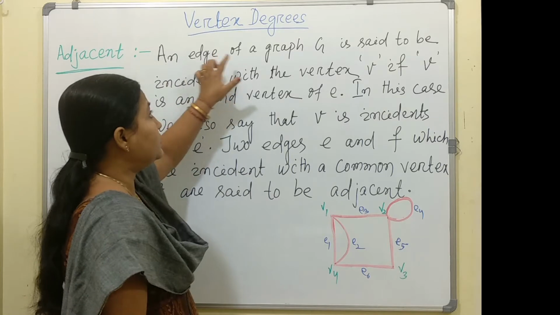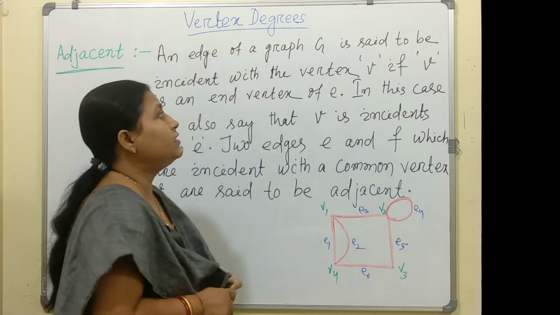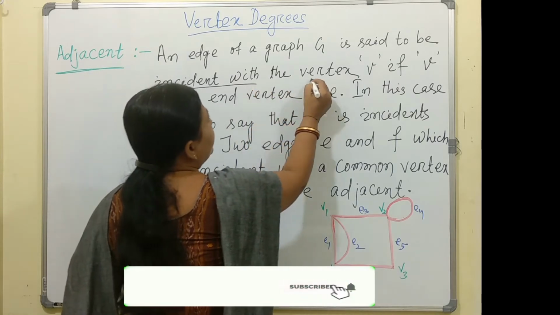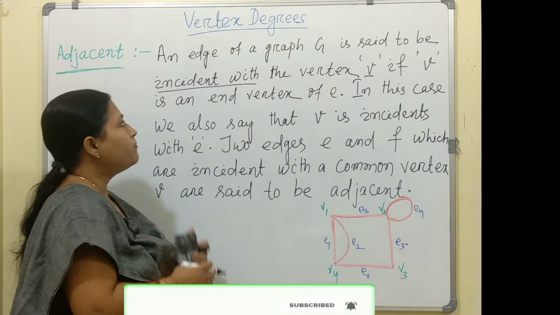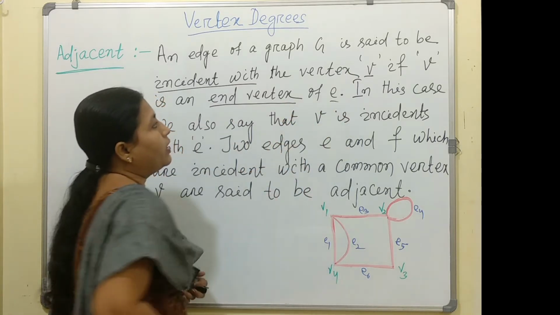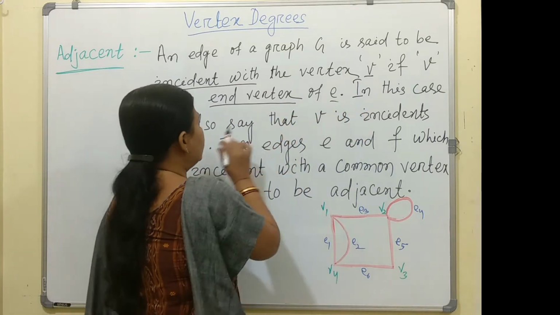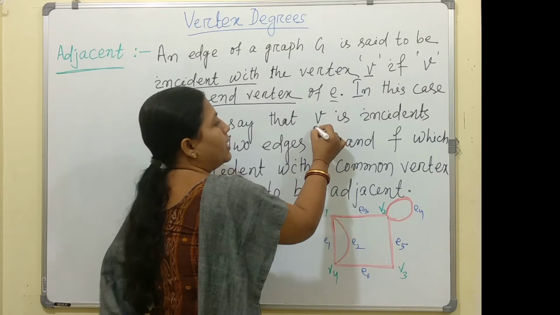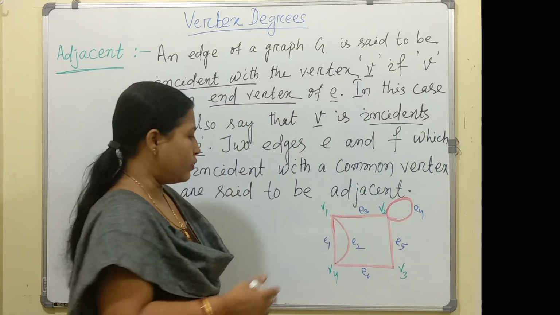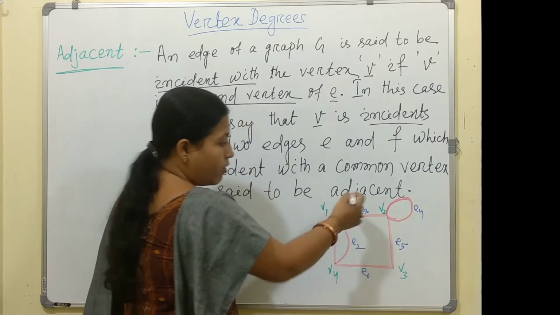An edge E of a graph G is said to be incident with the vertex V if V is an end vertex of E. In this case we also say that V is incident with E. This is an example of a graph.